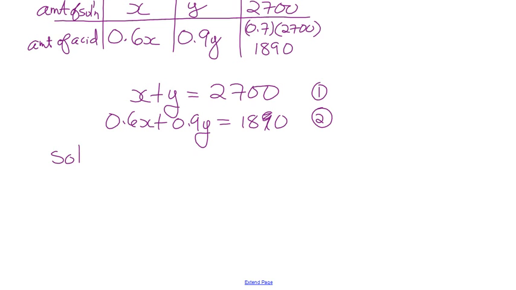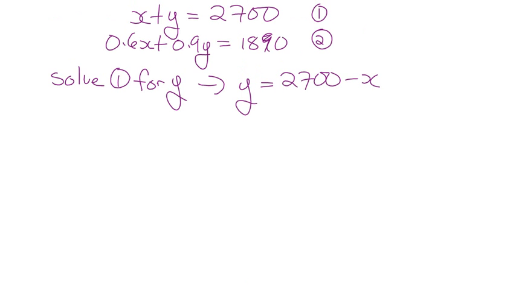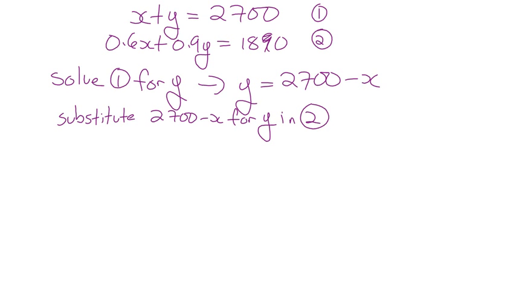Okay, so we're going to solve 1 for Y, leading to Y equals 2,700 minus X. We are then going to substitute 2,700 minus X for Y in equation 2, giving us what?